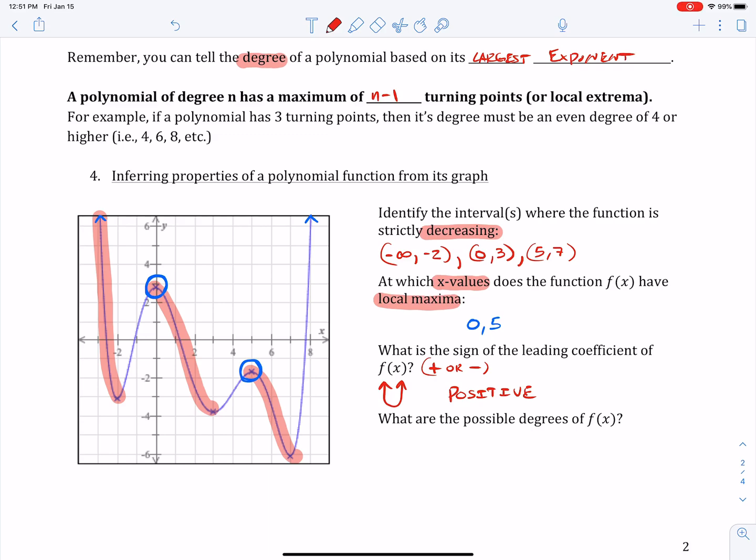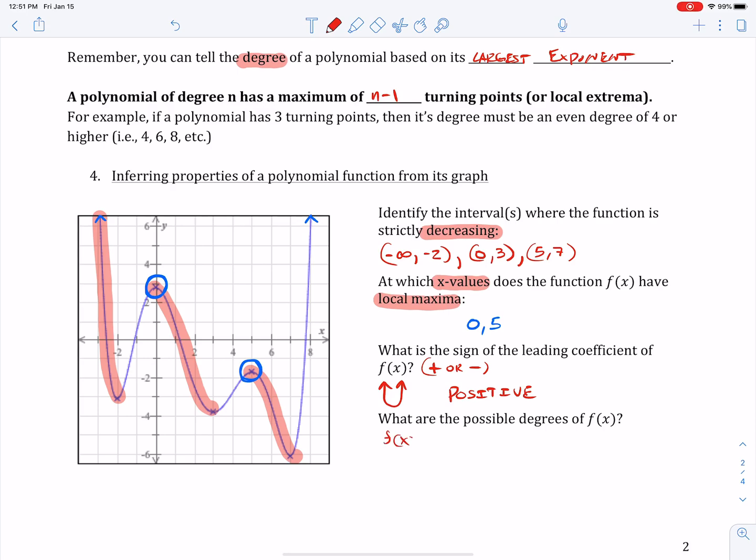And then now we're getting to the nitty-gritty of what are the possible degrees of f of x. Well, if f of x has 5 turning points, let's count them: 1, 2, 3, 4, 5 turning points, then the degree of f of x could be anything greater than 5. So let's write this out.